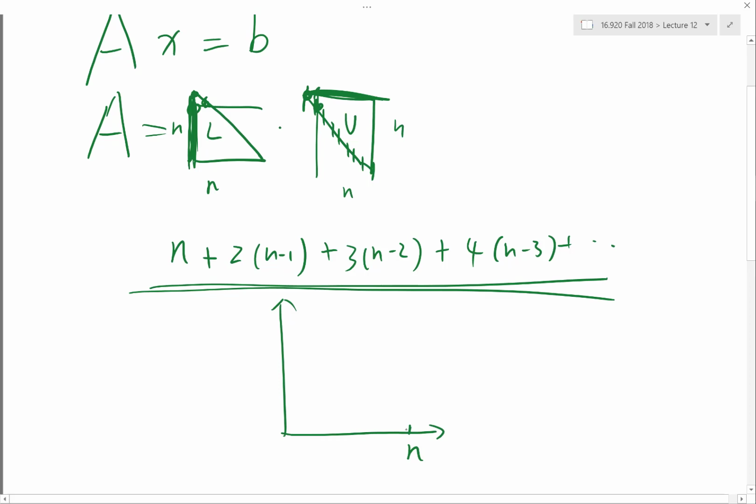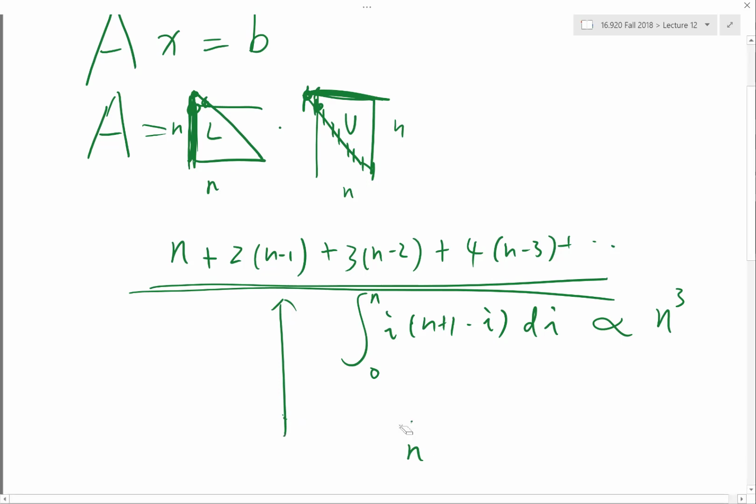You're looking at the integral of n times the integral of i times n plus 1 minus i, di, right? You're integrating from 0 to n. So anyway, this is going to be proportional to n cubed, right?